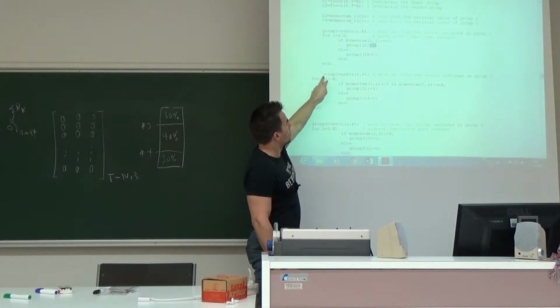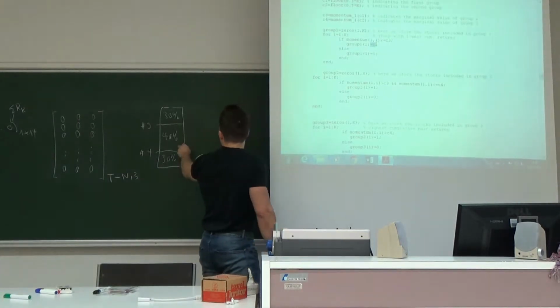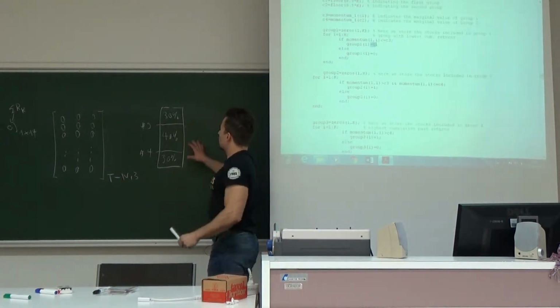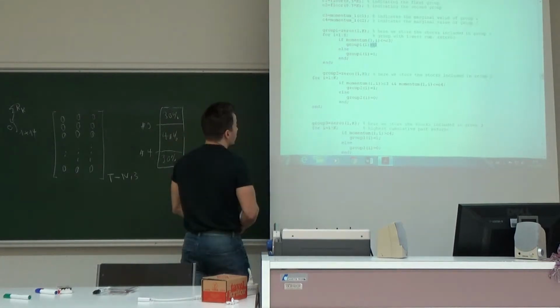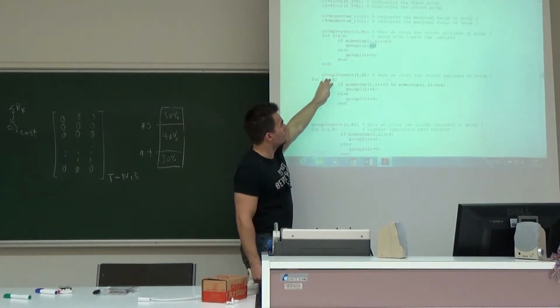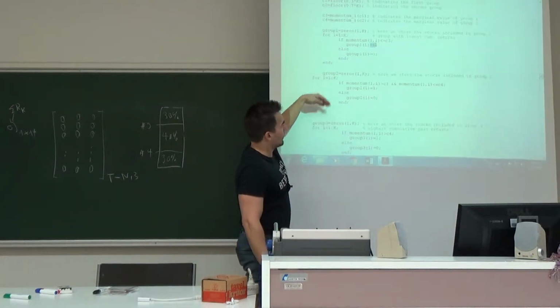Then we define the next group, the medium group, where we have the stocks that have a medium cumulative return in the first iteration. And we do the same thing that we have already done.